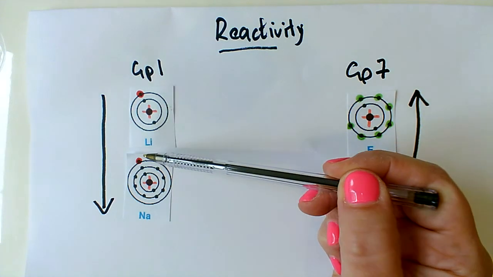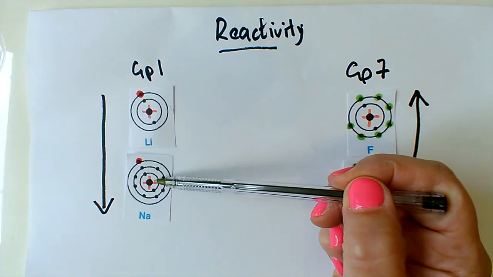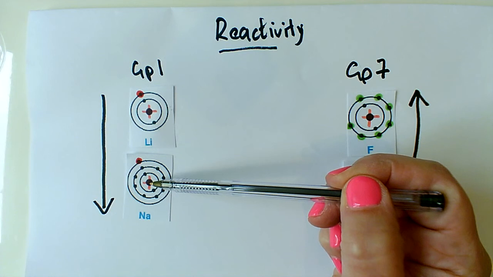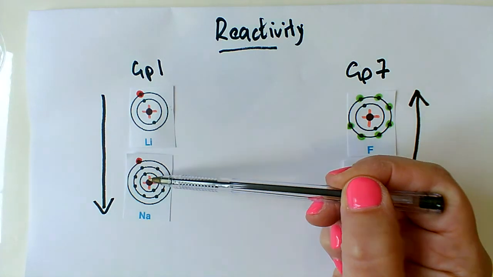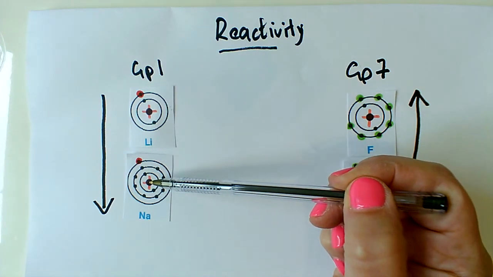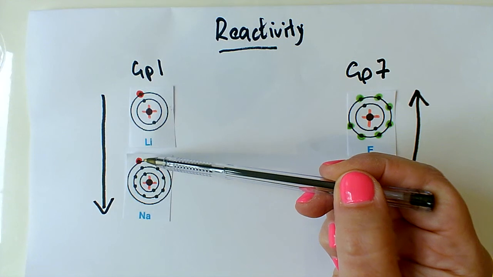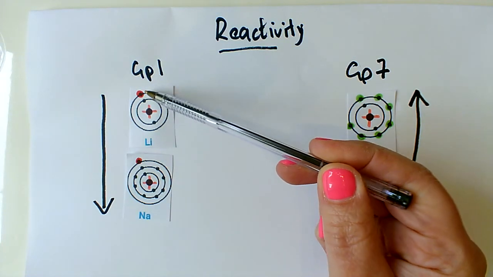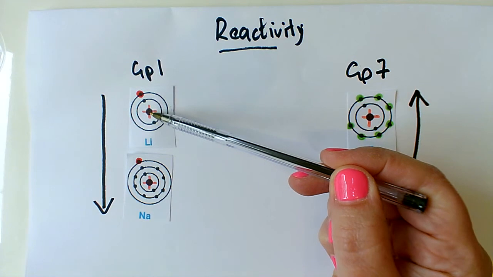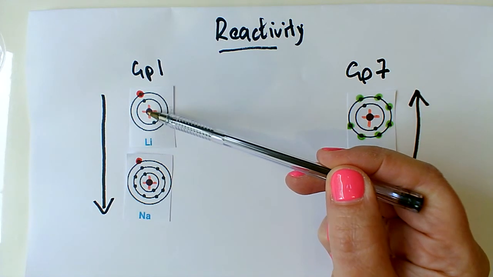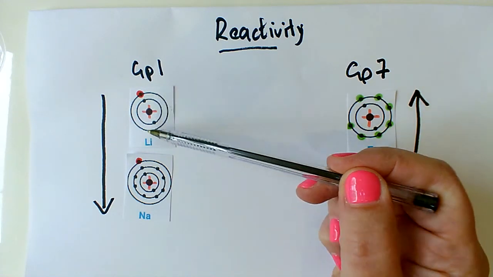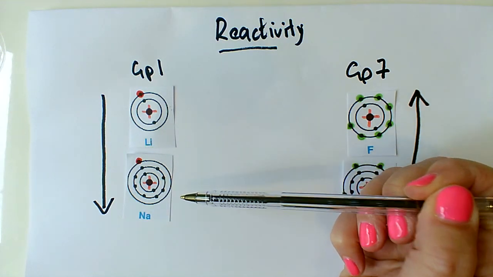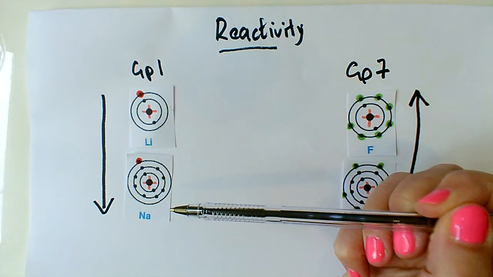If you look at sodium, the outer electron is further away from the positive nucleus, so the electrostatic force between the two of them is less than in lithium. So it's easier to overcome that force and lose this electron than it is to overcome the electrostatic force between the positive nucleus and the electron in the lithium. So sodium finds it easier to lose that electron than lithium, so it's more reactive.